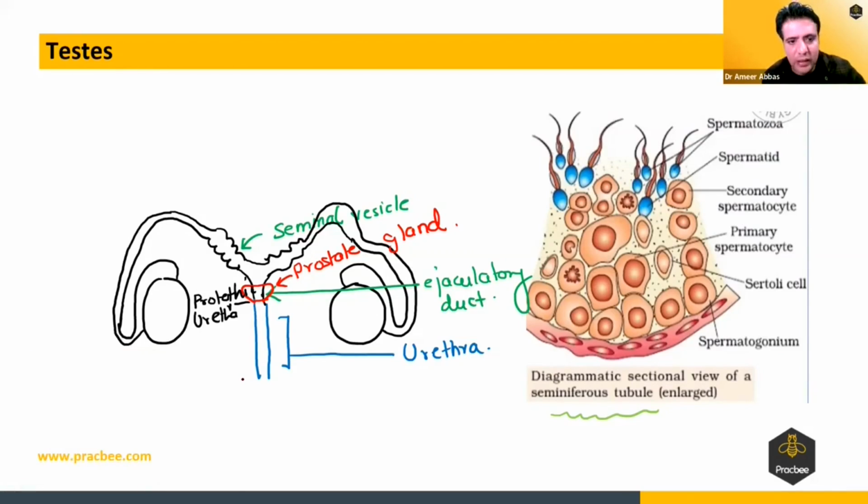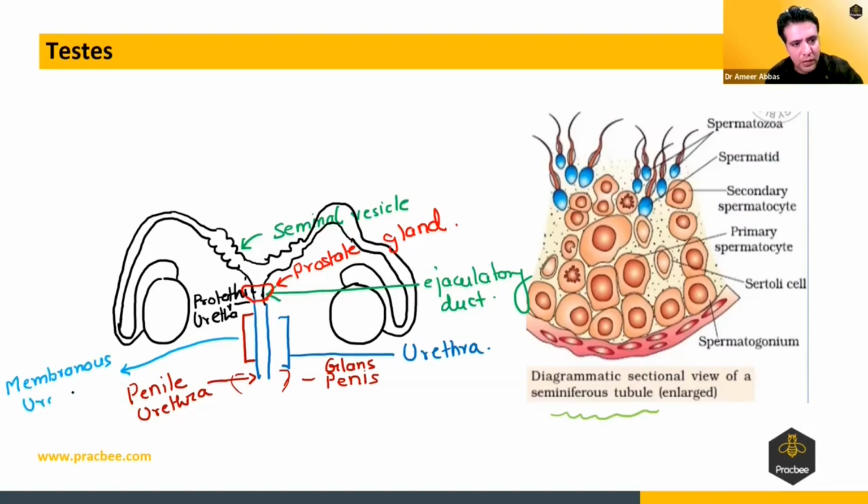You can see the head of the external genital organ is present, which is known as the penis. The urethra present in this portion is known as the penile urethra. The head of the penis is known as the glans penis. Remember this. The remaining portion is the membranous urethra.